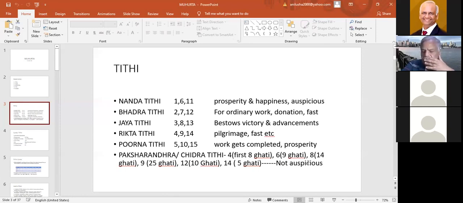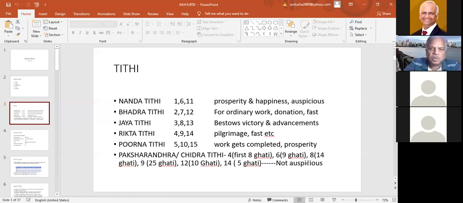Ghati, you know what is ghati? Manjari, you know ghati? Yes, sir. What is that? Ghati is like ghati, pal, and things like that. We divide them and get them into.